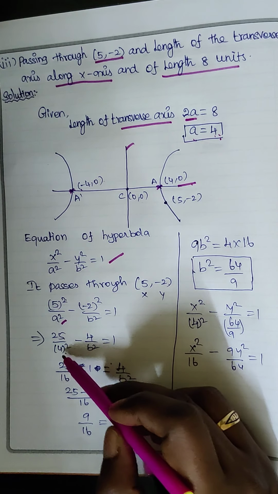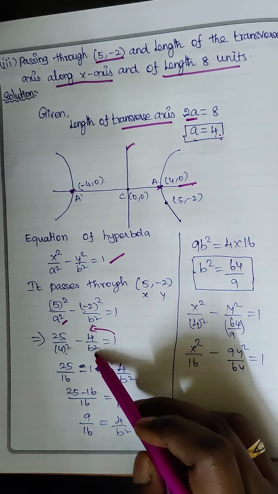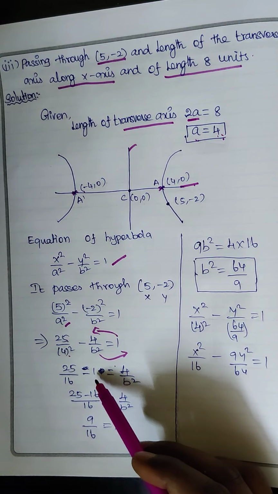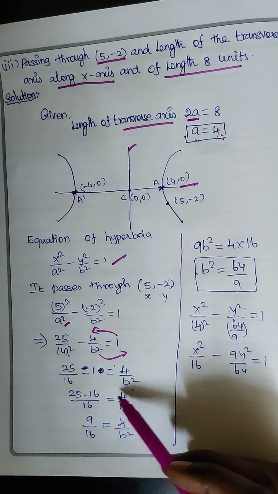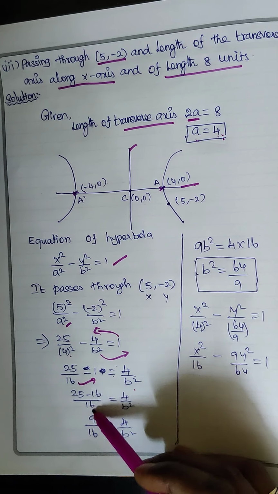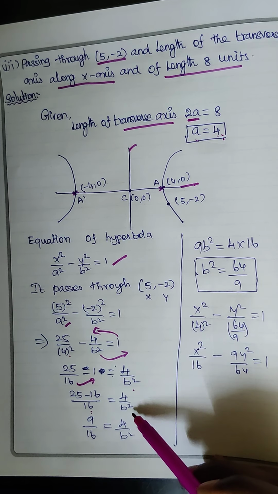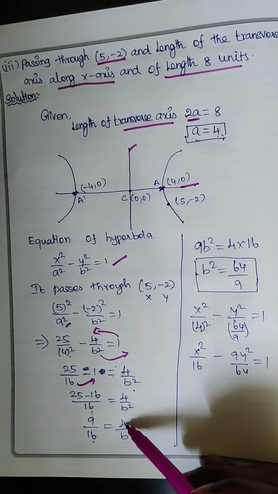So 25 by 16 minus, I am going to take this 1 to this side and this value to the right hand side. So 25 by 16 minus 1 is equal to what? Plus 4 by b square. So take LCM: 25 minus 16 the whole divided by 16 is equal to 4 by b square. So 25 minus 16 is 9 by 16, that is equal to 4 by b square.